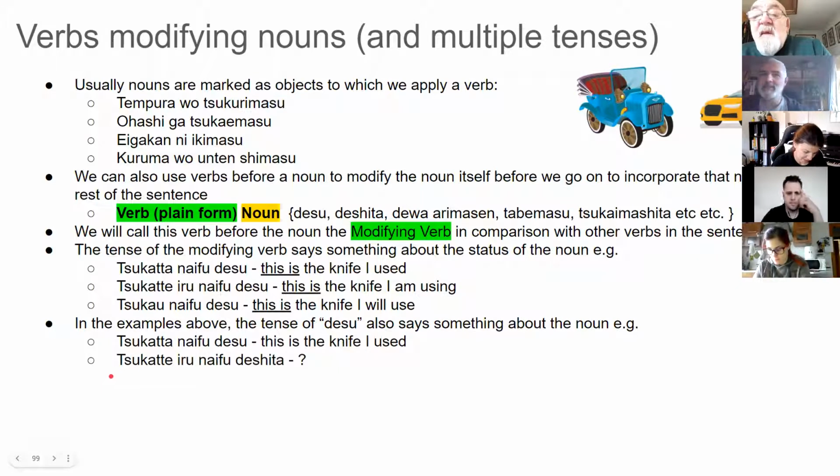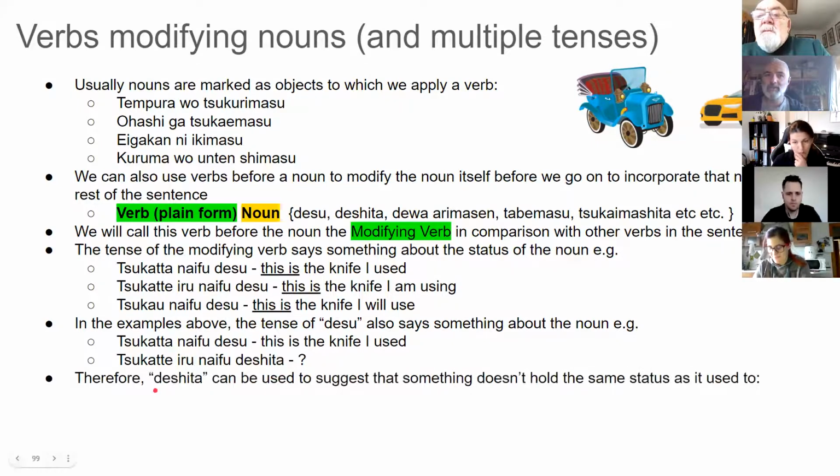But what about if I said tsukatteiru naifu deshita? Does this change the sentence? Well, deshita can be used to suggest that the noun itself doesn't hold the same status as it used to.